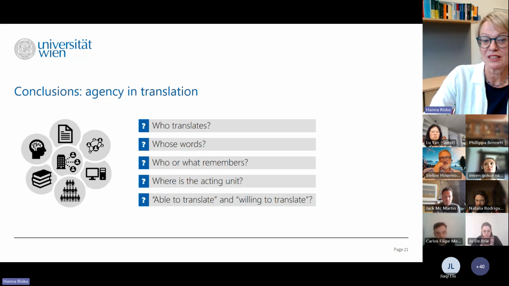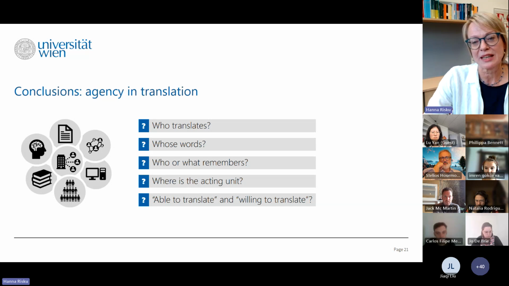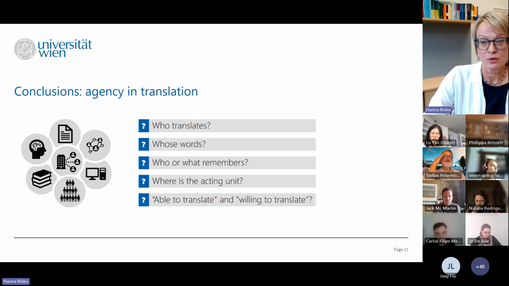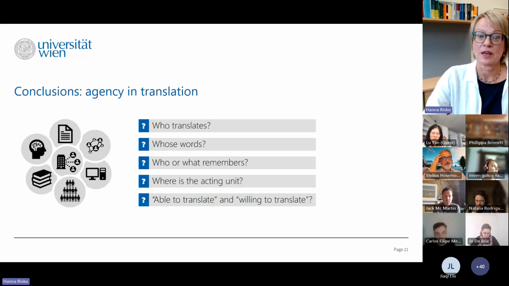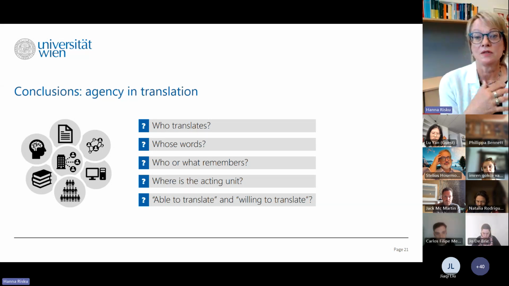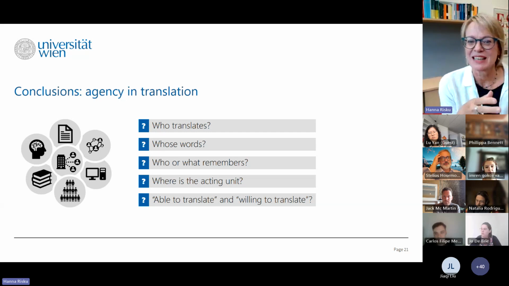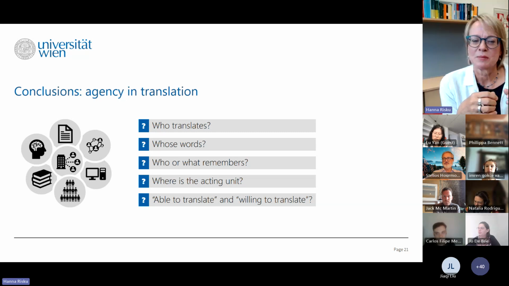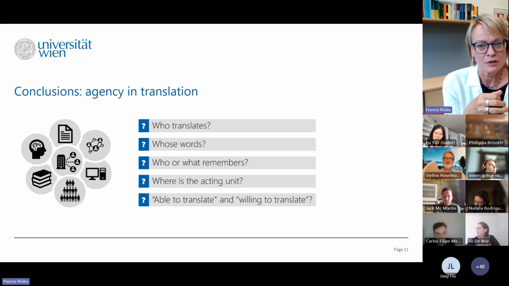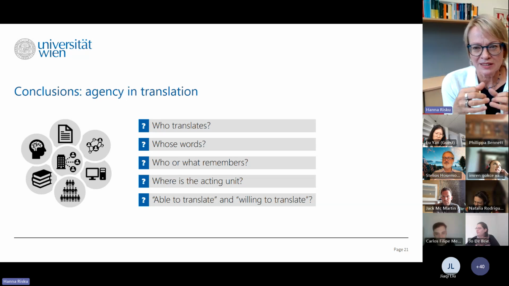Where is the unit located that chooses what and how to write? If I refer to Koskinen's and Kinnunen's definition of agency, is the individual translator or the team or an organization able to translate, maybe also a society, able to translate, willing to translate? Is a translation memory or a machine translation system able to translate or even willing to translate?